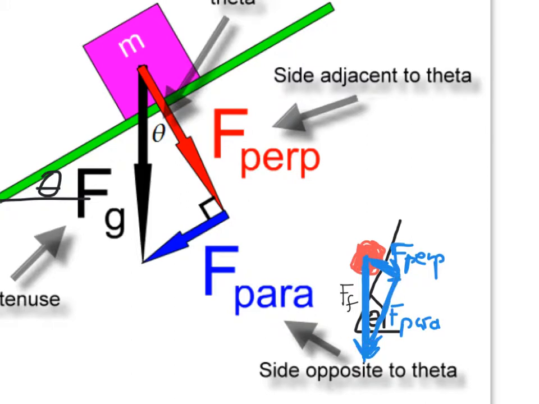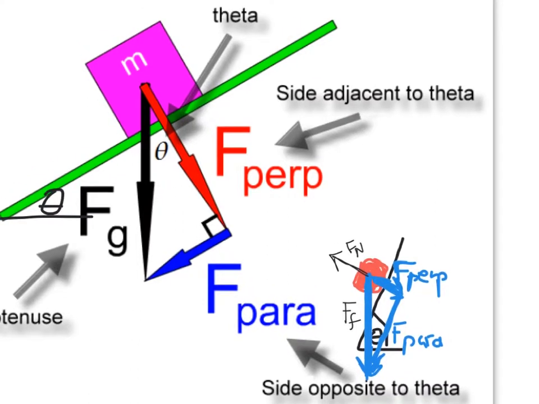Now remember, F perp has an analog, which is Fn, which would be equal in size and opposite in direction to F perp. And Fn also has a direct relationship to the amount of friction that the box will experience. You probably remember that Ff, the frictional force, is equal to the coefficient of friction for the two surfaces multiplied by normal force.